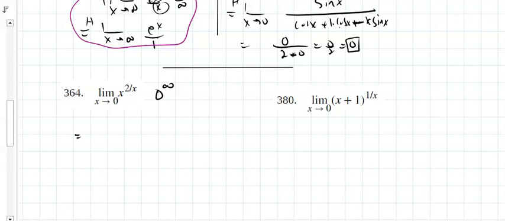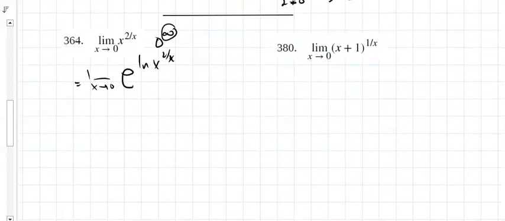I could say that is the limit as x approaches 0 of e to the natural log of x to the 2 over x. Anytime you see a power, you're going to have to use logs. And we know that a to the log base a of x is simply x.